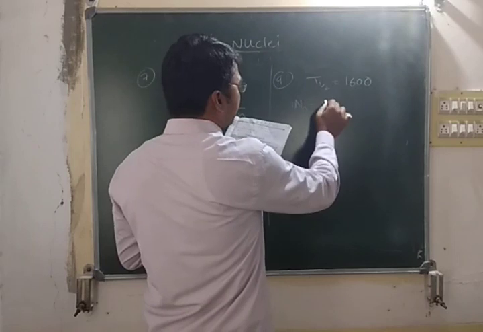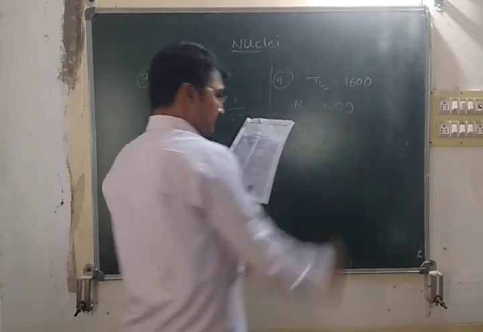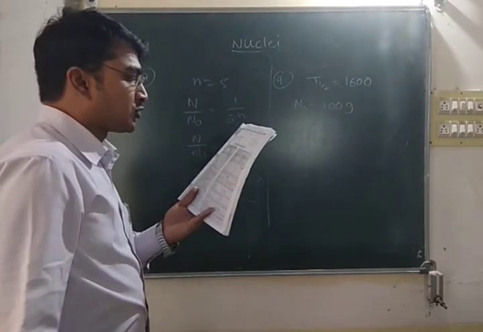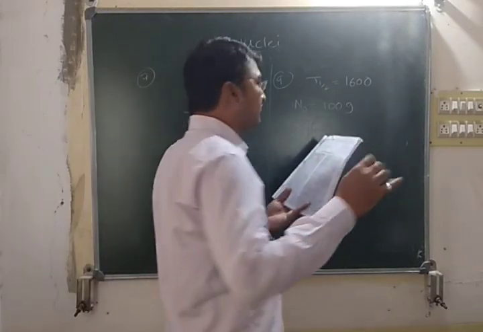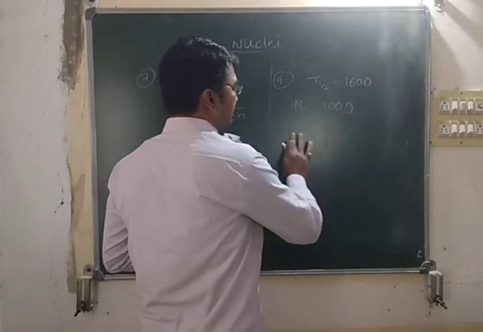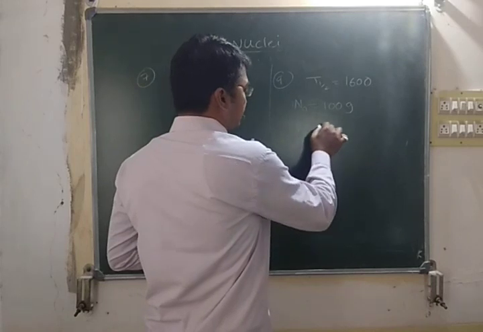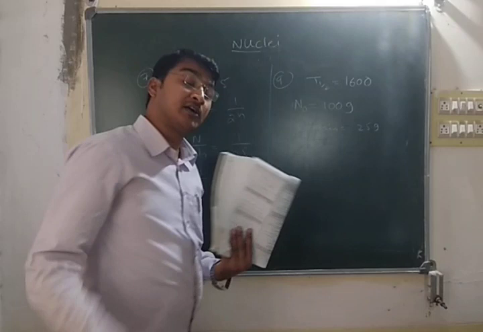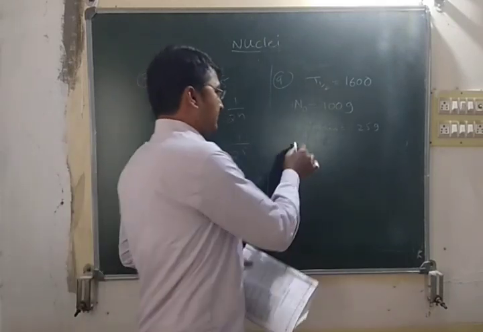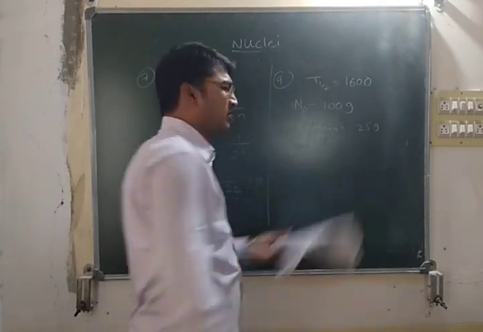Presently, N0 is equal to 100 grams. So 25 grams is left over. So the remaining mass is 25 grams now. What is the decayed mass?